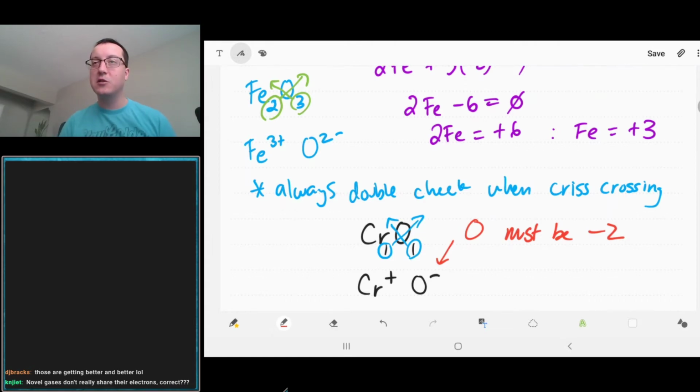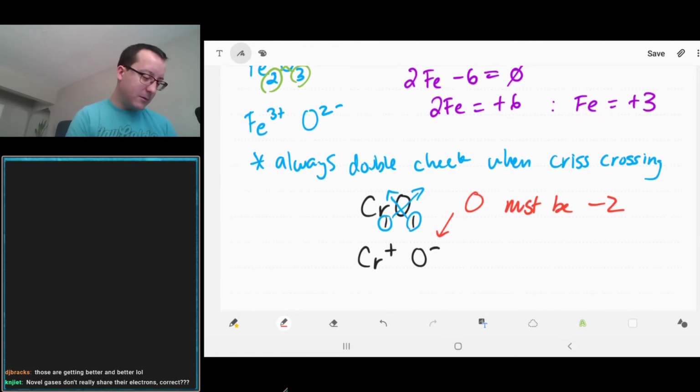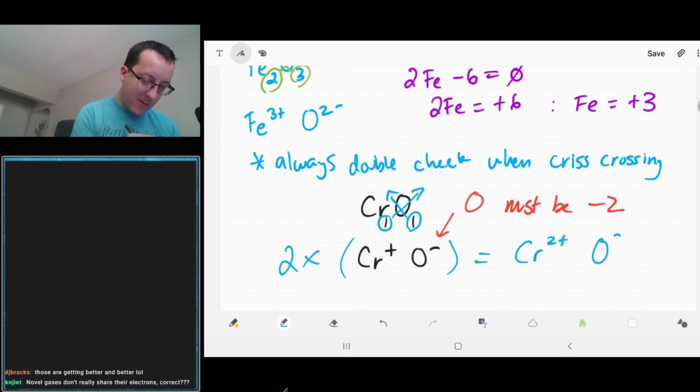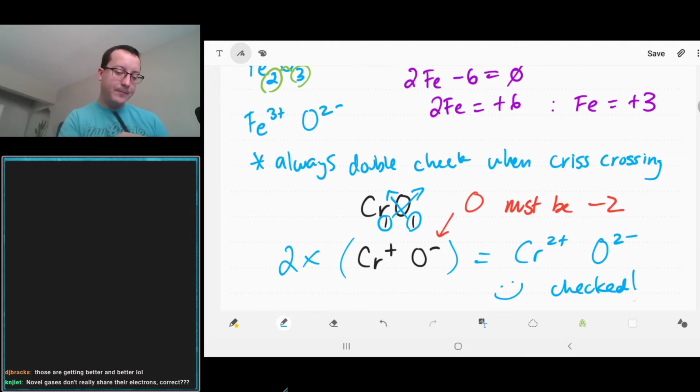It has to be -2 by itself. So this is that double checking idea: if we just crisscross this and stop, that tells us oxygen is -1. But since we know it must be -2, we're going to have to multiply everything by 2. So what we actually get is chromium 2+ and oxygen 2-. And now we are happy and double checked.